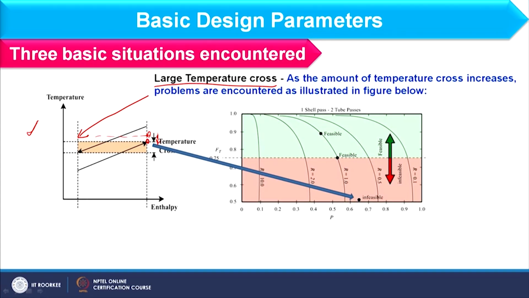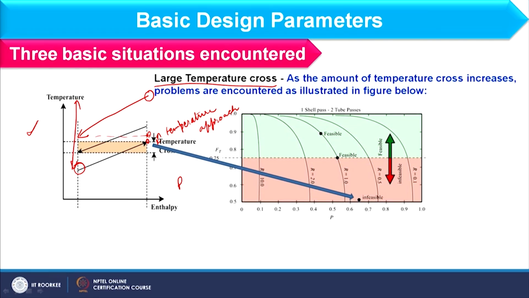So, this difference is basically temperature approach, right. Okay. Now, if temperature approach is there, what is the P value? P value, if you remember, is basically the inlet temperature of hot minus inlet temperature of cold. Okay. So, the difference is around this much.